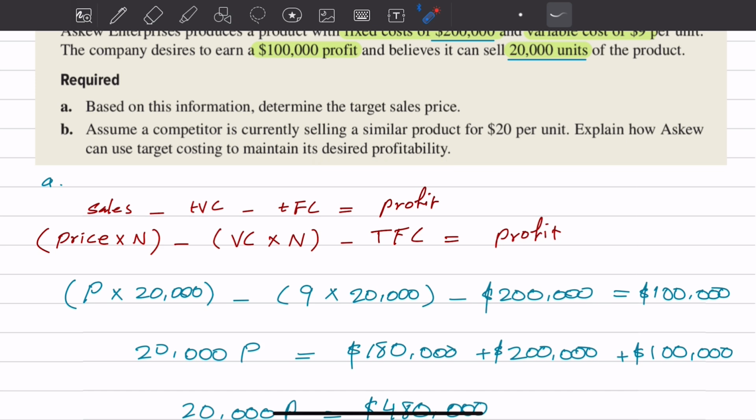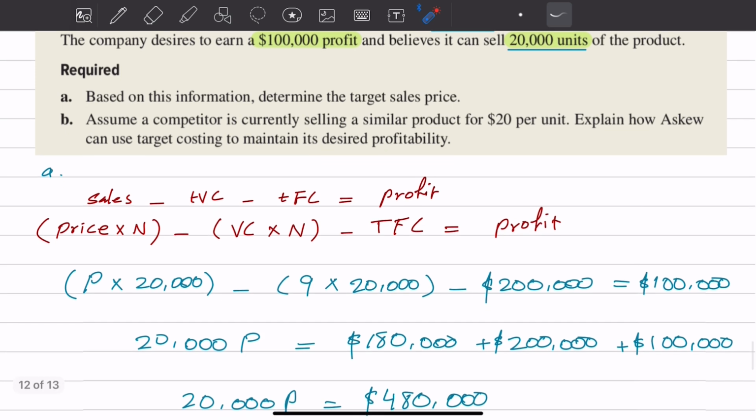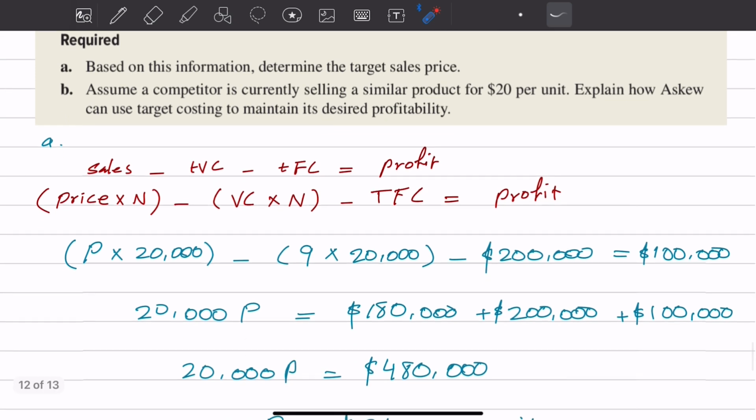Okay, now this is something that you can answer yourself. The simplest way that the company can maintain their desired profitability without changing too much in their quantities, the amount of product that they need to sell and so on, is that they can maintain their contribution margin.